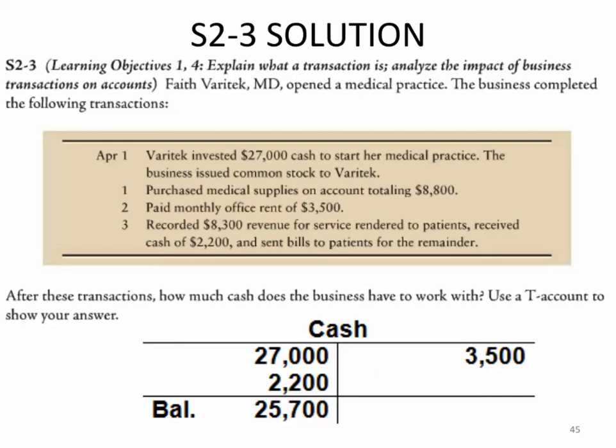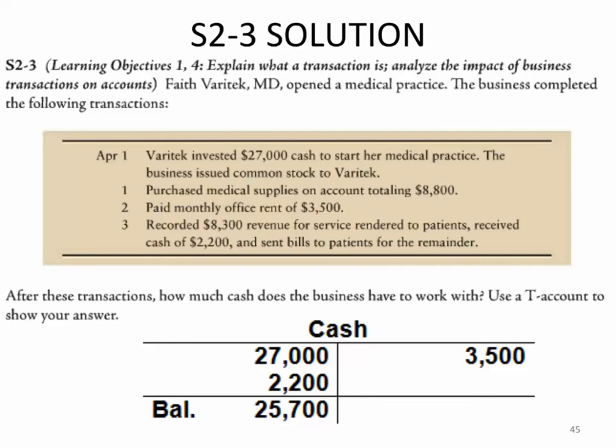So when we put it in a T account, first of all, and we'll get more into T accounts, cash is an asset. Debits increase assets, credits decrease. So cash, we put the 27,000 first.